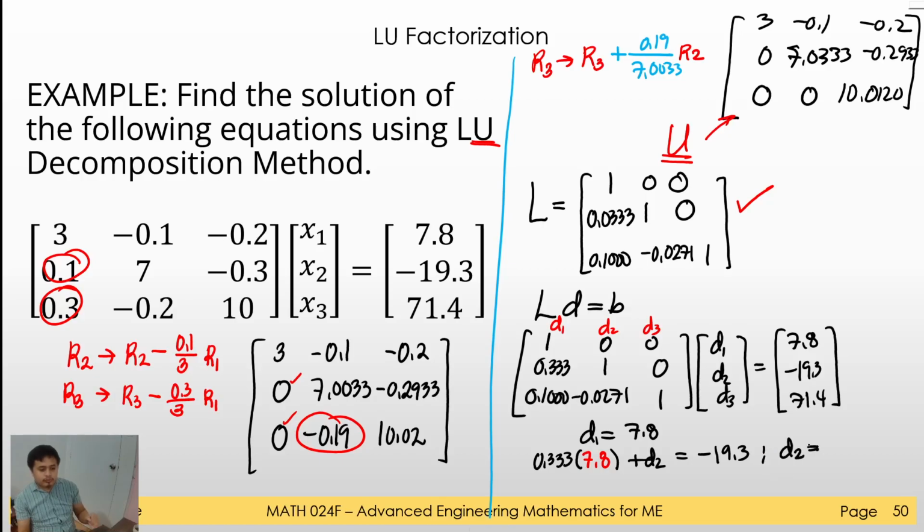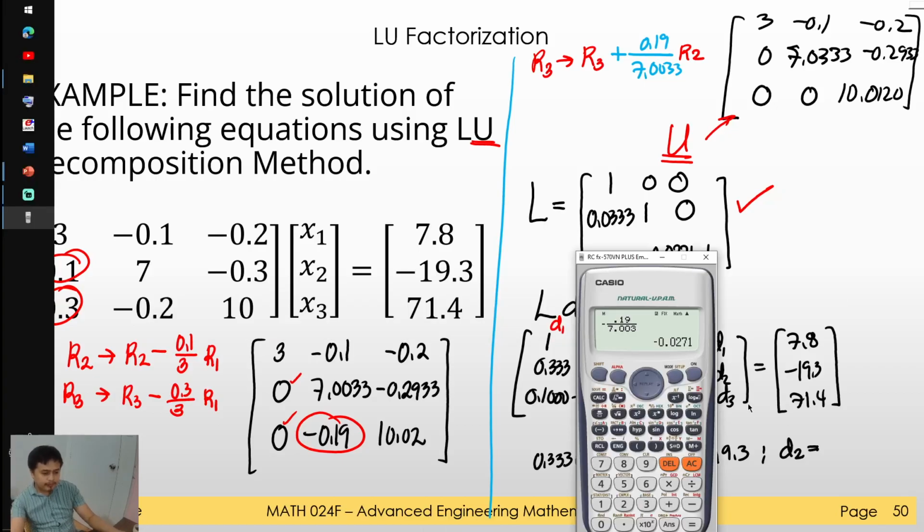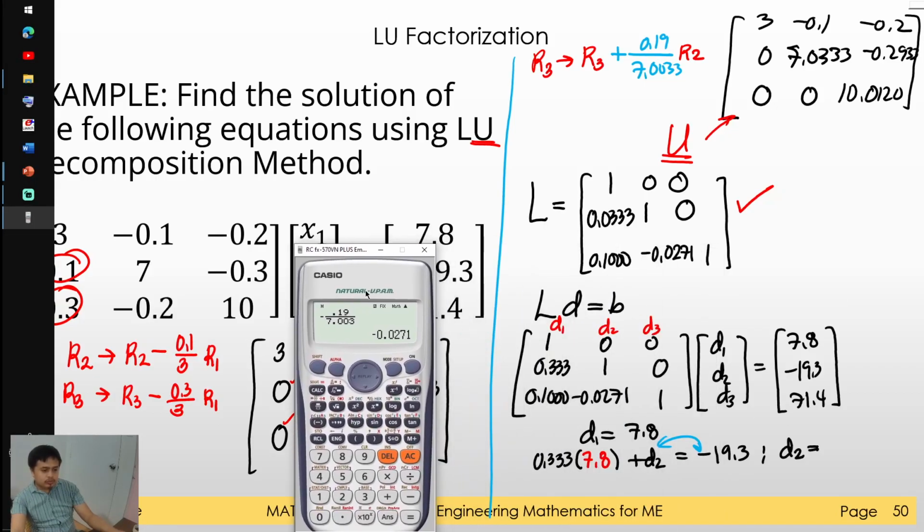We can just transpose this. So D2 will be 0.333 times 7.8 plus 19.3. Is it 7.85? Why is it 7.81?